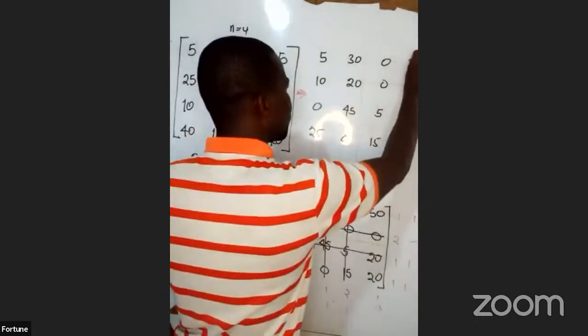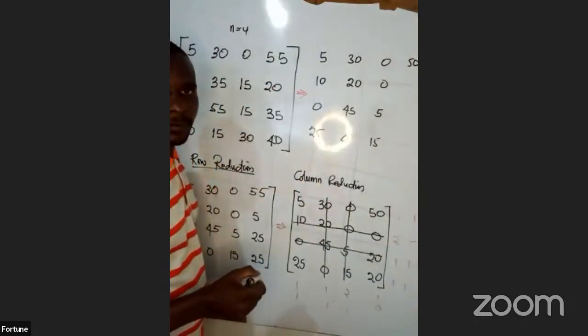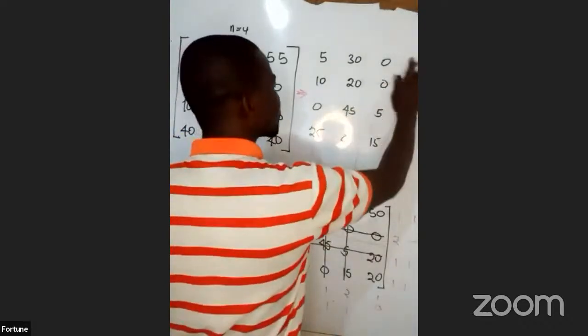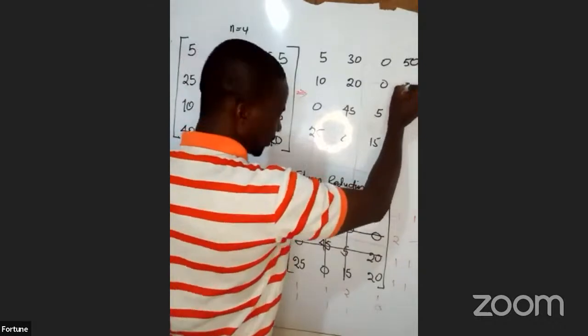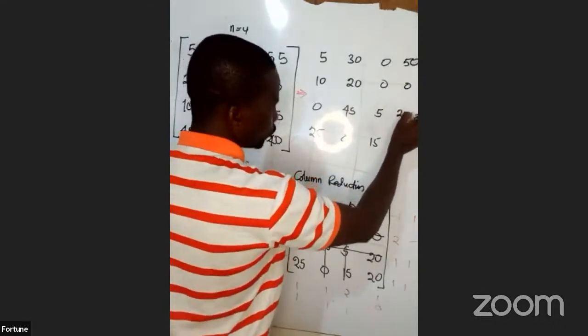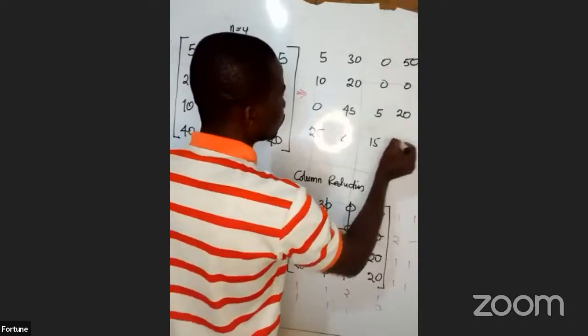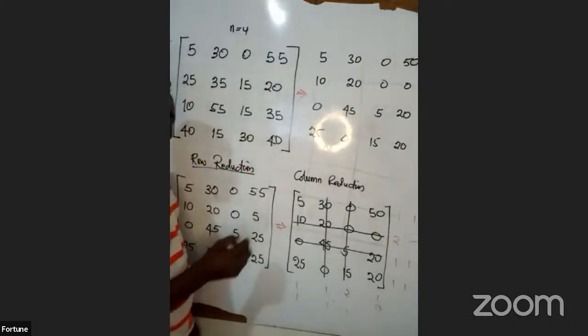Then there's 50. Okay, I think I'm a little far off the screen, so let's limit this 50 here. 0, 20, and 20. Right.